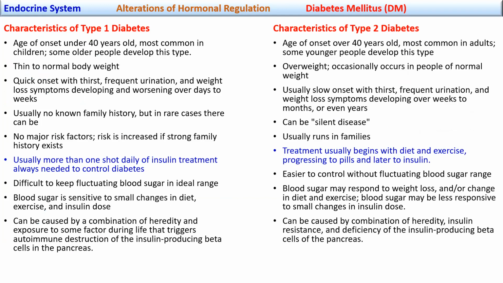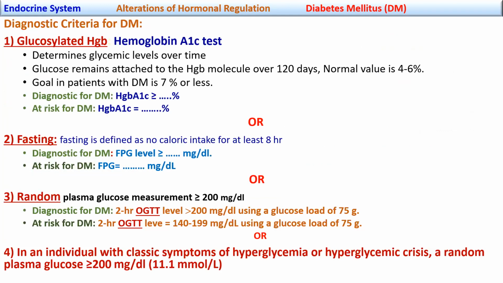Now for the diagnoses, we start with the hemoglobin A1C test, glycosylated hemoglobin, which determines the glycemic level over time, because we know that glucose remains attached to the hemoglobin molecules over 120 days.